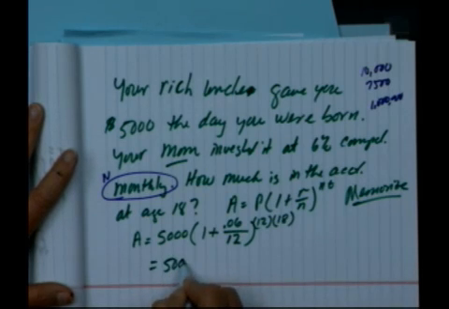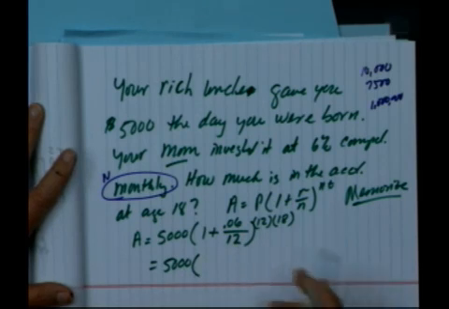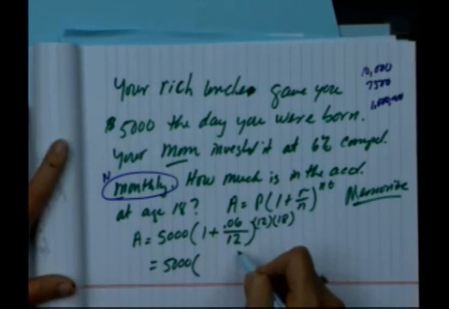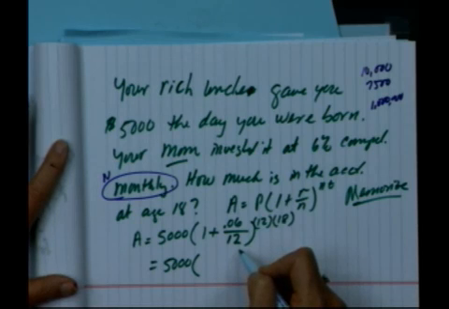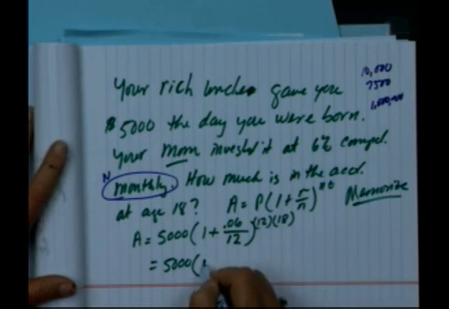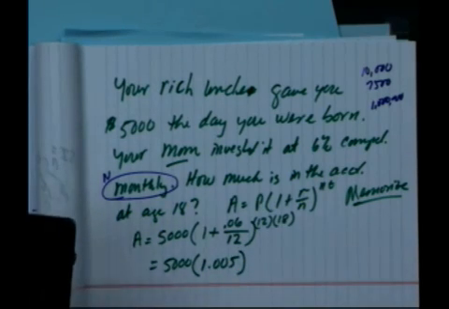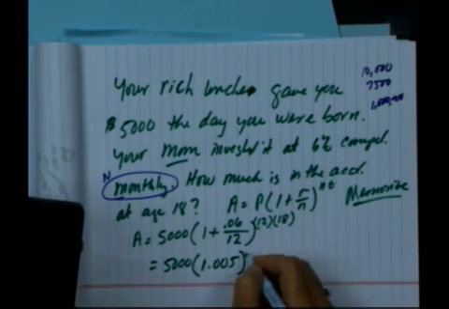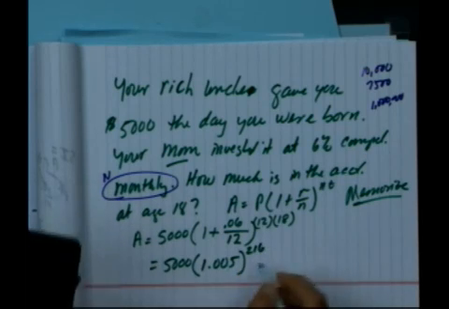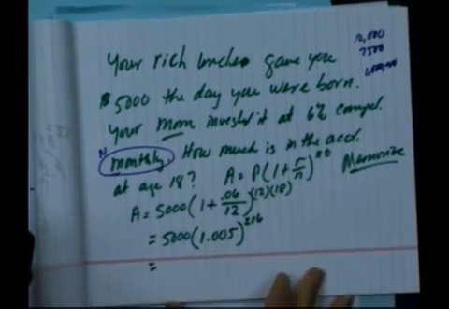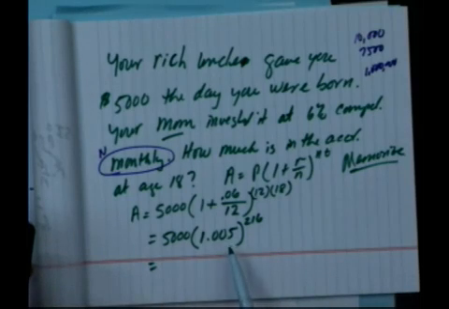So we have 5,000. All right, if you do 0.06 divided by 12 on your calculator, that's 0.005, I would bet. Okay, and 12 times 18, 216. All right, we're about ready for the grand finale here.